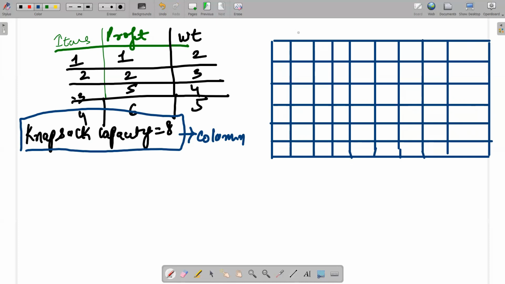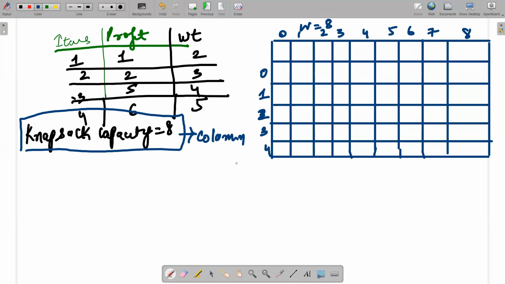So we have total knapsack capacity acting as the column parameter. The knapsack capacity is 8, so the capacities are 0, 1, 2, 3, 4, 5, 6, 7, and 8. Then we have the items: zeroth, first, second, third, and fourth.